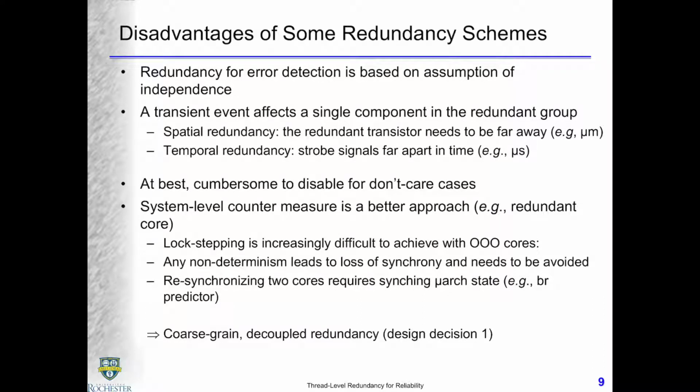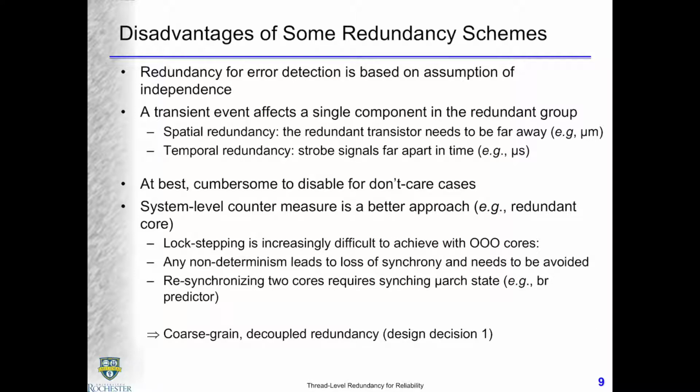So, before we start to discuss the detail, I just want to re-emphasize the design decisions. We want a coarse-grained decoupled redundancy. What that means is we don't want this to be lockstepped. I think that's increasingly difficult to achieve.